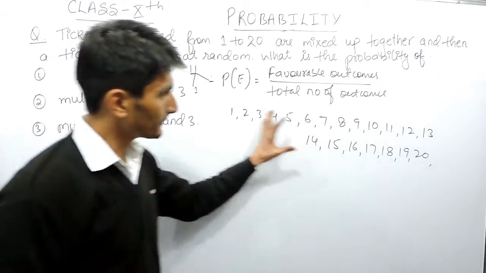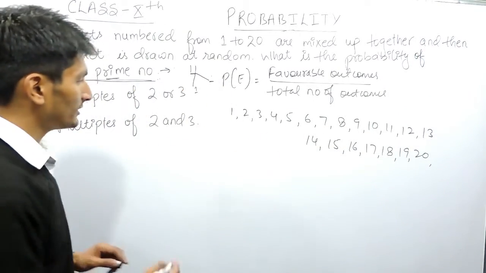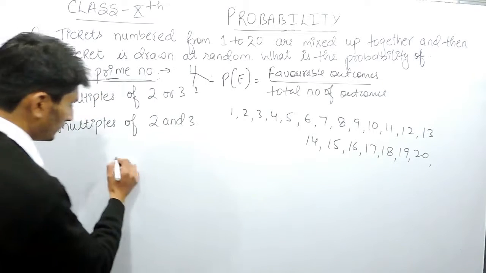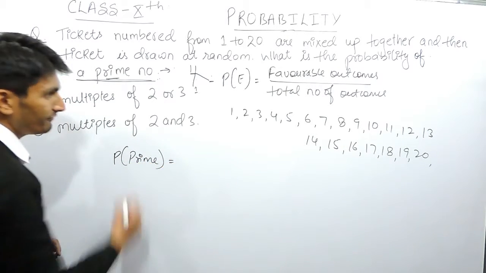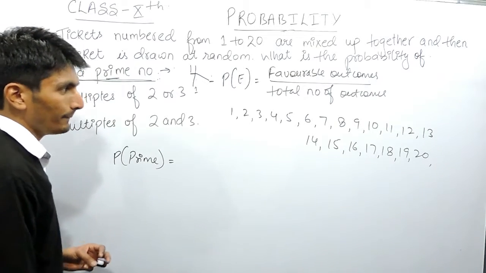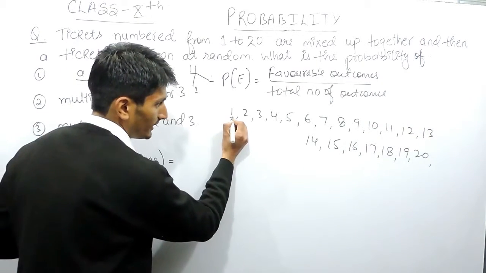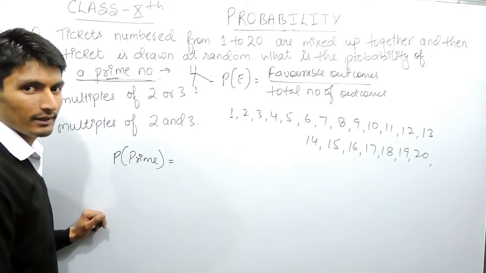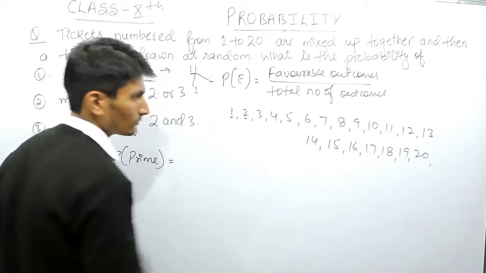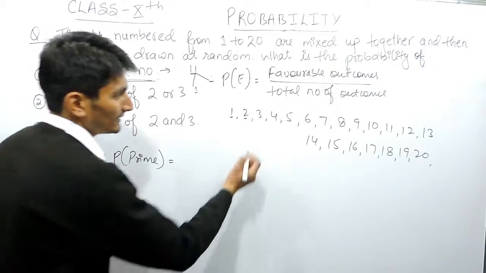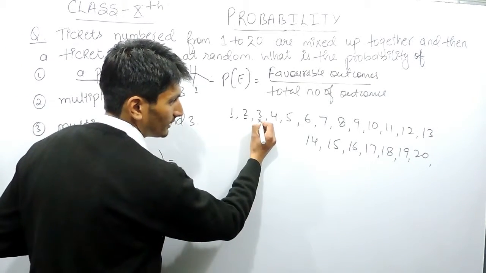And in this case, if you want to find the probability for a prime number, one thing is important here: 1 is not a prime number. The first prime number is 2. The second prime number is 3.